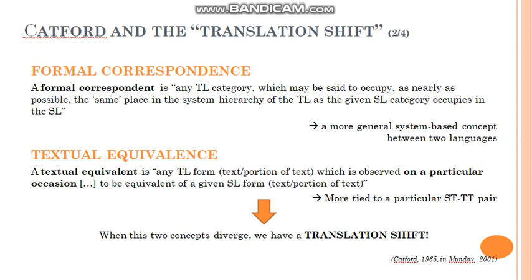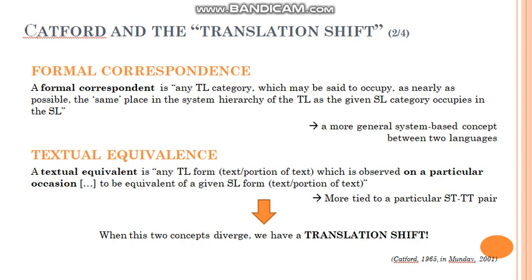Formal correspondence is any target language category which may be said to occupy as nearly as possible the same place in the system hierarchy of the target language as the given source language category occupies in the source language, the more general system-based concept between two languages.